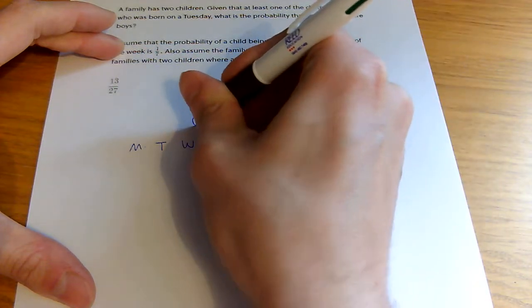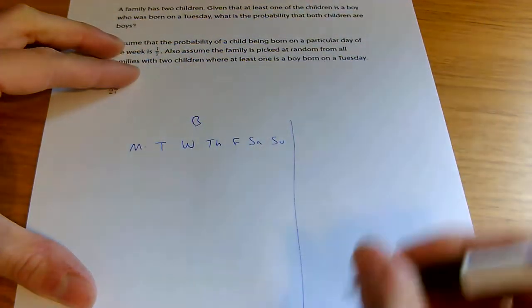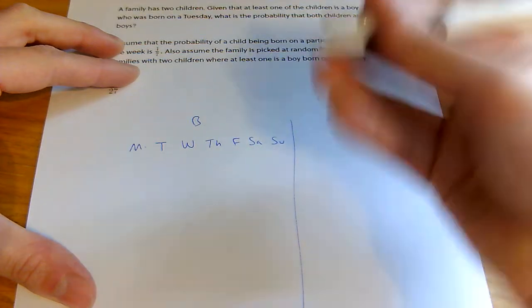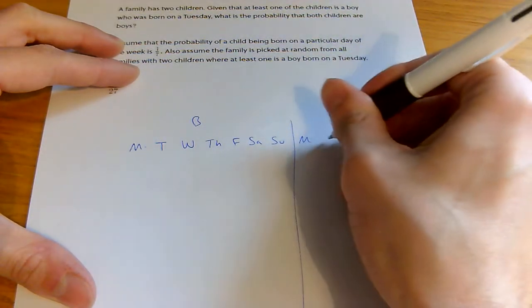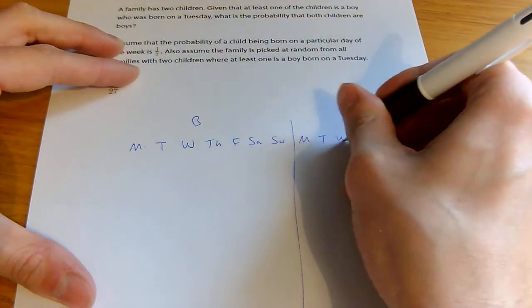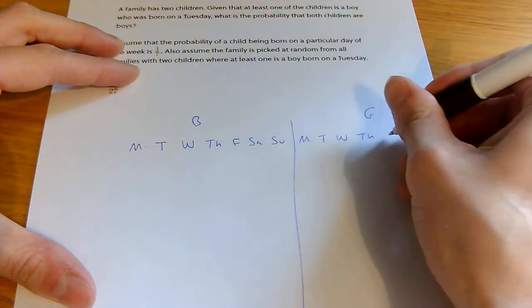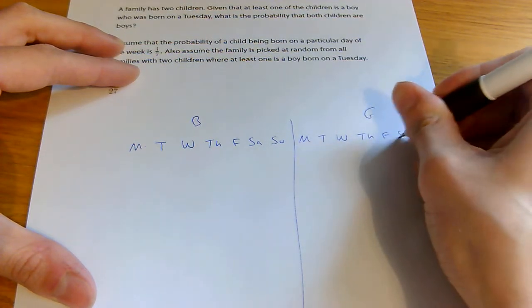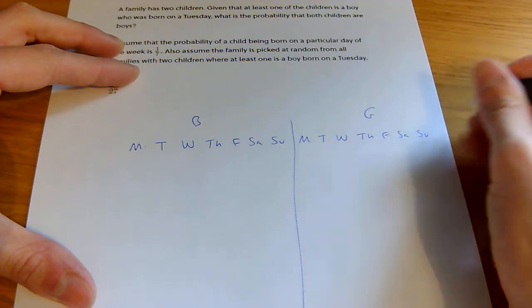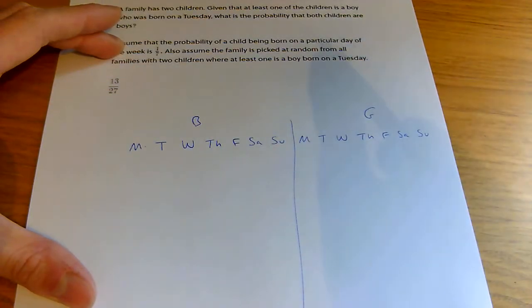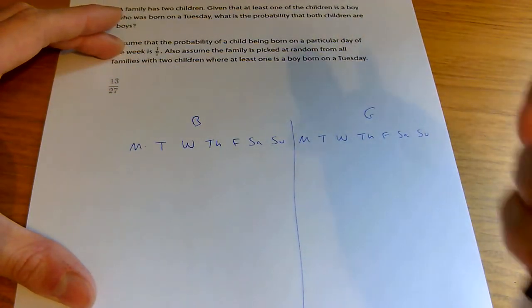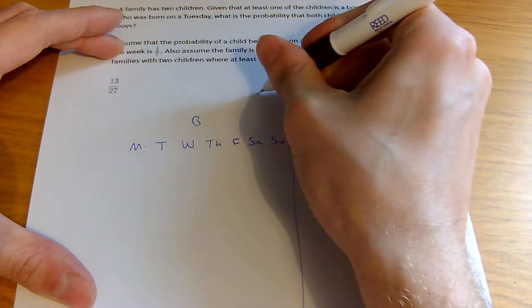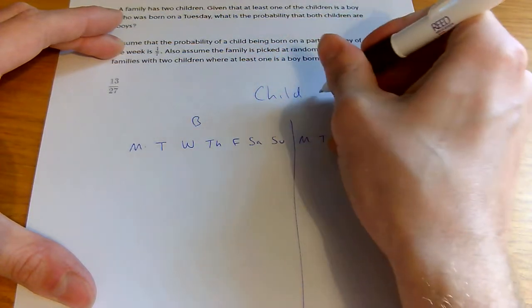And these are all the boys. Let's put a line there. And then the girl is obviously the same combinations of days of the week. So this is just my shorthand for representing all the different combinations of the first child. So this one here is the first child. We'll call them child 1.